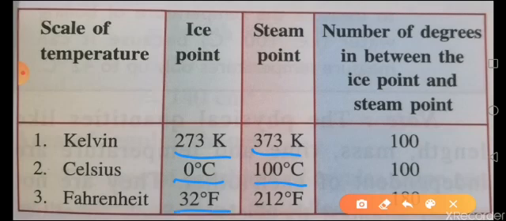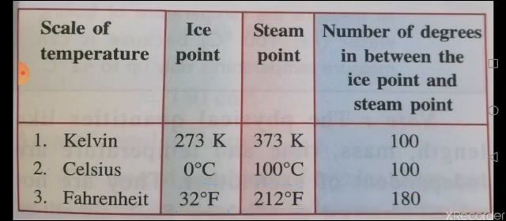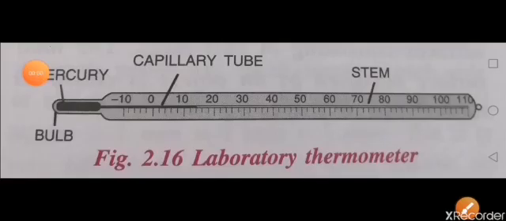And for Fahrenheit scale, it will be 32 degrees Fahrenheit ice point and 212 degrees Fahrenheit steam point. Accordingly, you have the number of divisions between ice point and steam point. That is, for Kelvin it will be 100, Celsius it will be 100, and for Fahrenheit it will be 180, right?